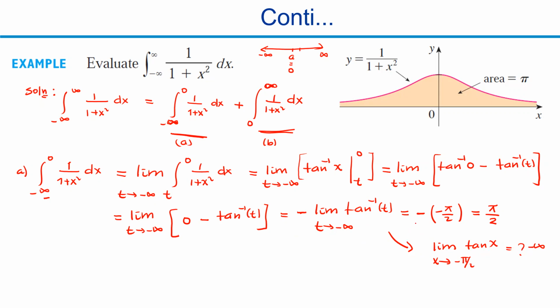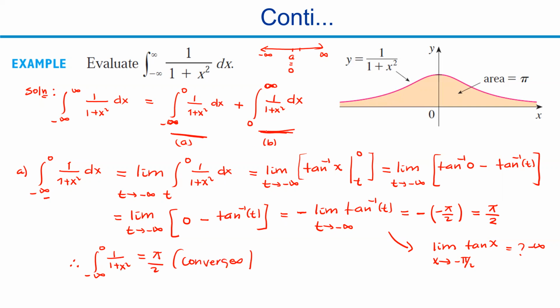That's why I'm saying that the limit is minus pi over 2. Therefore, the improper integral from minus infinity to 0 of 1 over 1 plus x squared is pi over 2. Wow. So it converges. So one part is done.